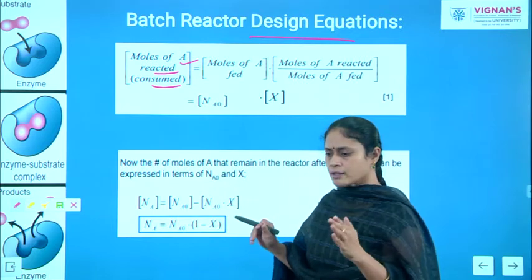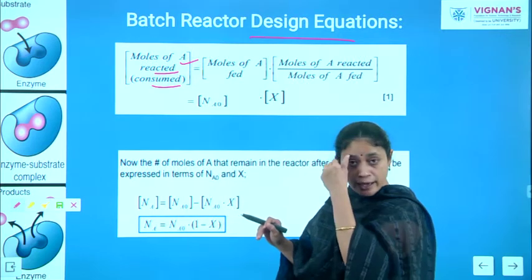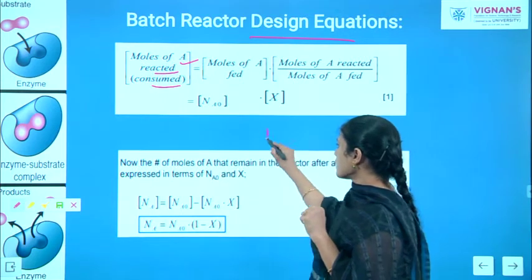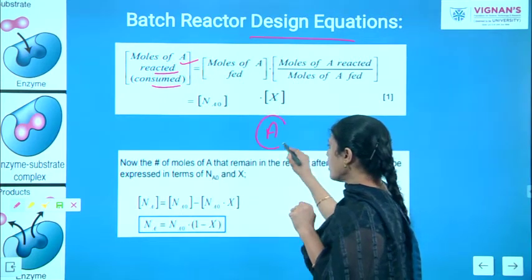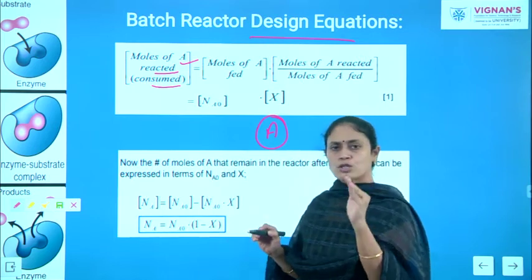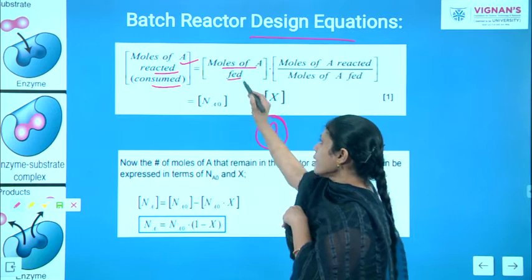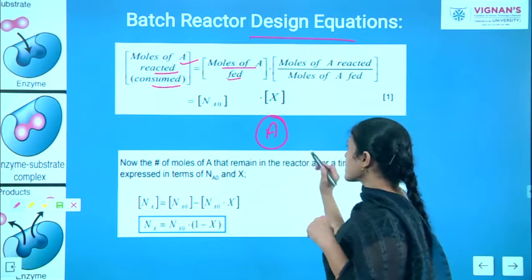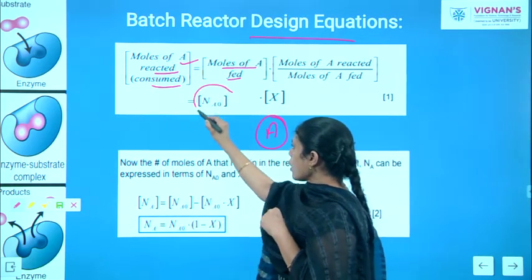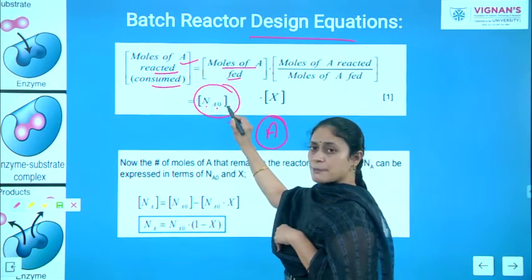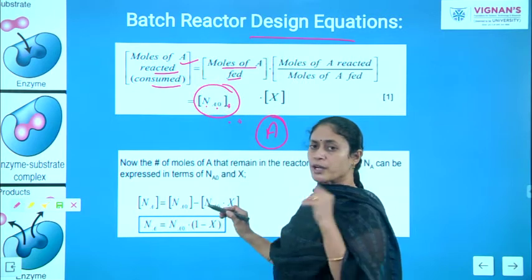Consider that the substrate which you had added into the system is A, so you have added certain moles of your substrate A. So, moles of A fed, which is represented with concentration, is nothing but the number of moles of substrate A fed into your reactor.